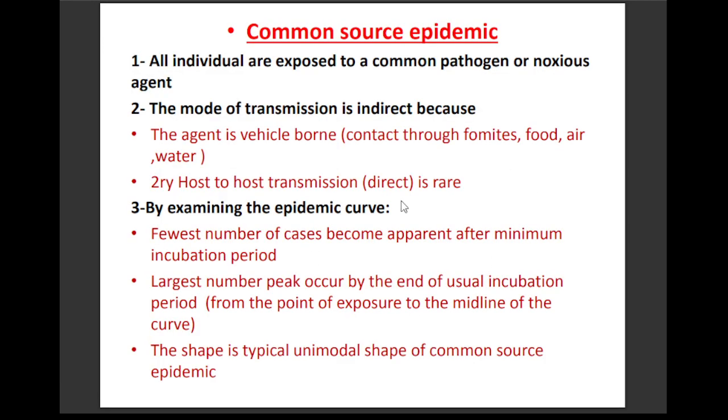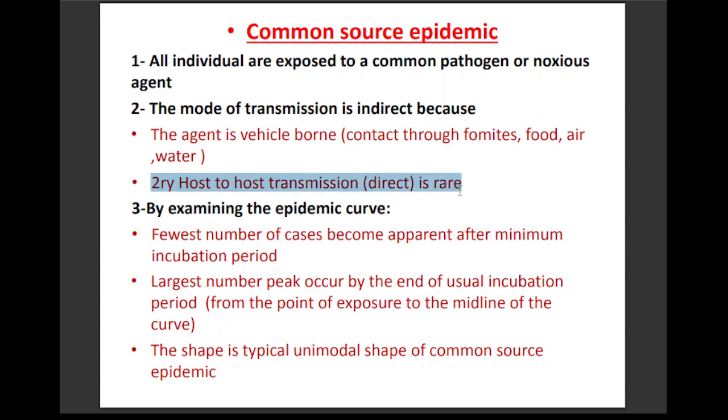So what a common source epidemic suggests is that the secondary host is responsible for that type of infection. Direct contact is rarely seen in that case. By examining the epidemic curve, the fewest number of cases become apparent after the minimum incubation period. The largest number, the peak, occurs by the end of the usual incubation period.